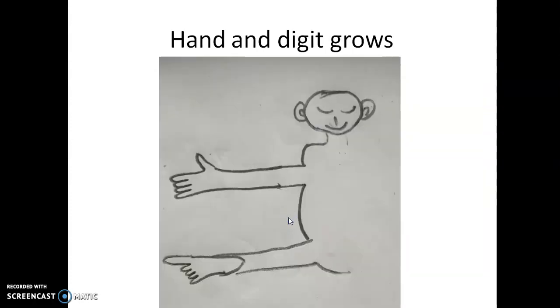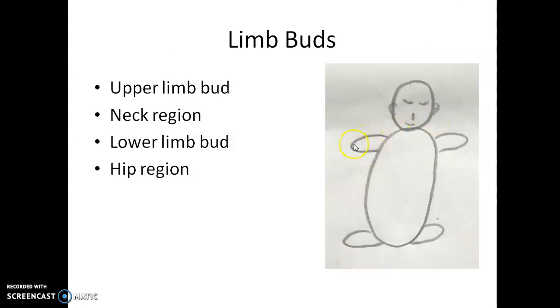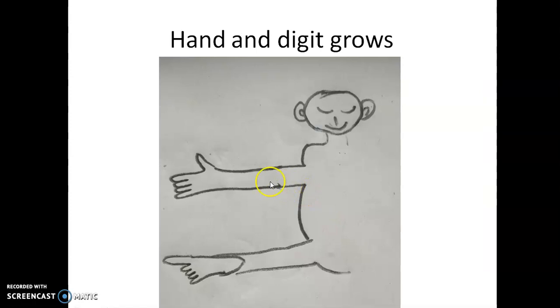Then subsequently, you can see in the previous slide, when there is limb bud there is no hand and there is no toes. But now there is a formation of hand and there is formation of toes. Kindly observe carefully. Out of all the fingers and toes together we can call it digits.